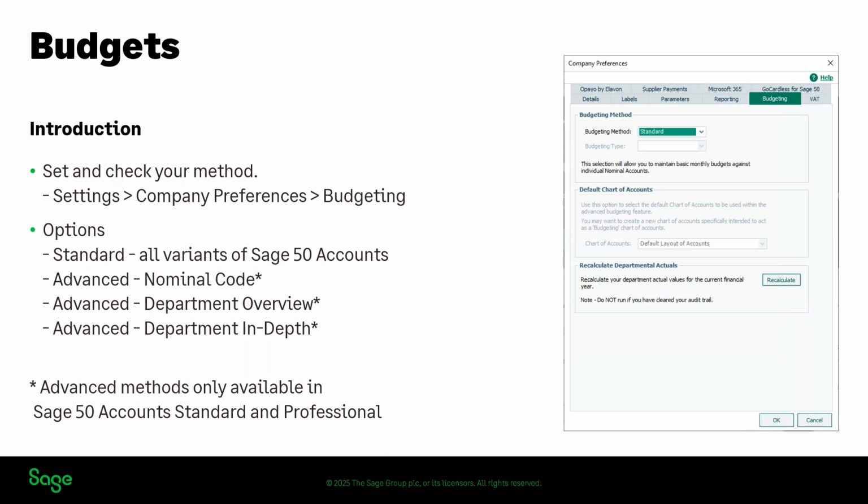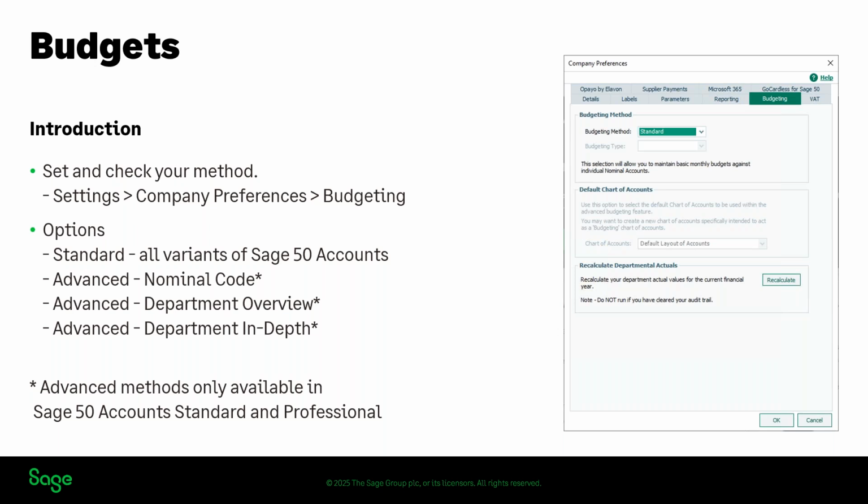Relevance-wise, it will depend on what information you want to get out of the system. So it's normally understanding what's available, but then having a think, right, well, what do I want to get from Sage 50 Accounts with regard to my data? What do I want to report on?